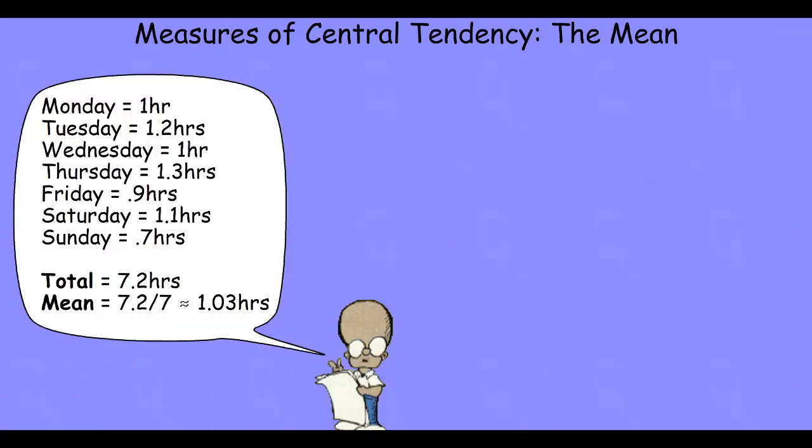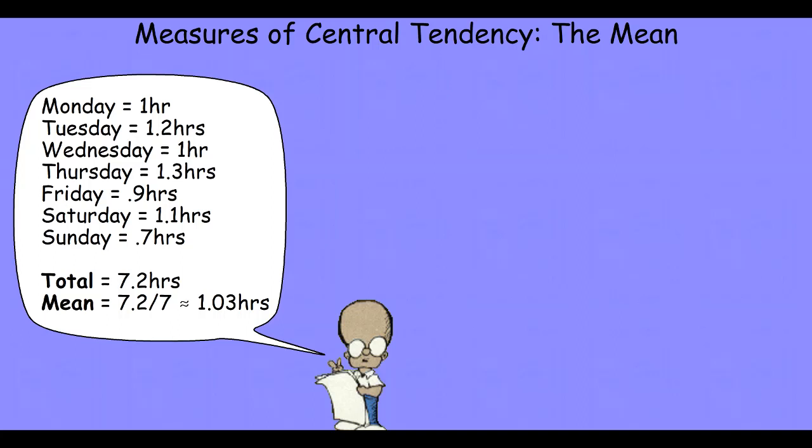So let's look at that example of trying to calculate how much time you should spend each day studying. Suppose you decide that Mondays you would study about an hour, Tuesday 1.2, Wednesday 1, Thursday 1.3, Friday 0.9, Saturday 1.1, and Sunday 0.7. You add those values together and you get a total of 7.2 hours.